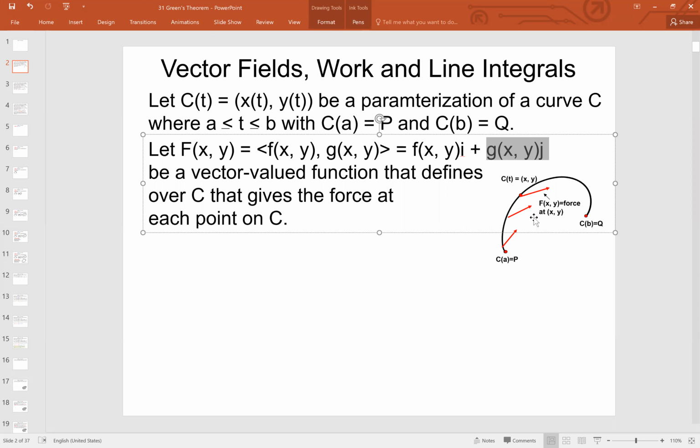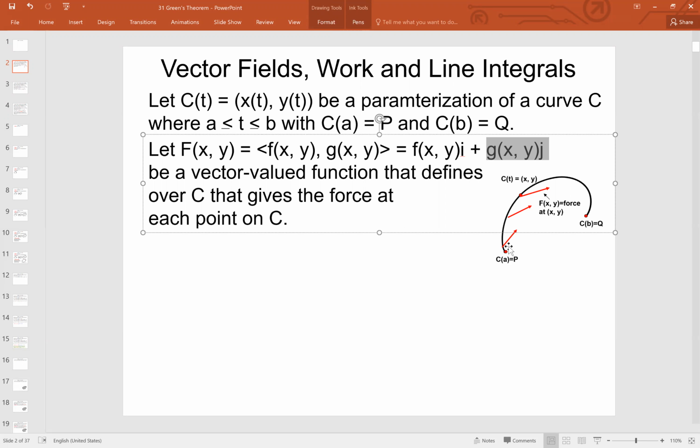I have a curve in the plane, parameterized by x(t), y(t), where t goes from a to b. The curve starts from the point P at t equal to a, and at time t equal to b, stops at Q.